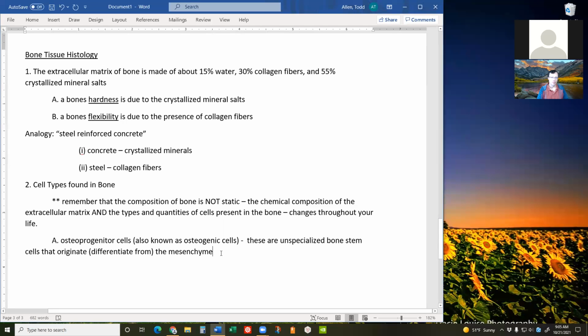Okay, so if you don't remember mesenchyme, take a look again at chapter 4. What we'll highlight here is the osteoprogenitor cells are the only bone cells to perform mitosis. They're the only kind of cell that retains their reproductive capacity in the bone.